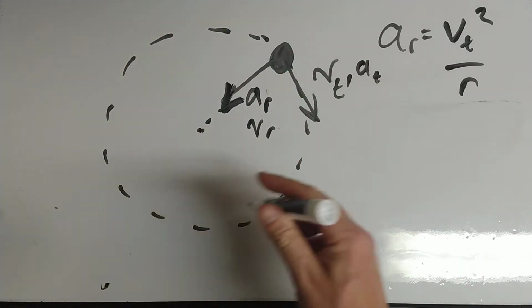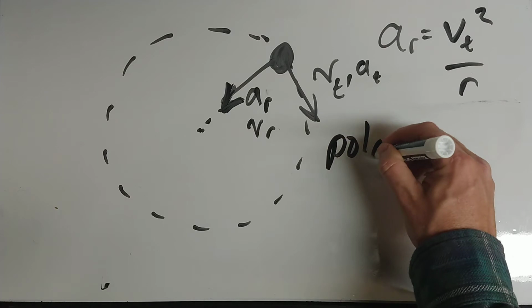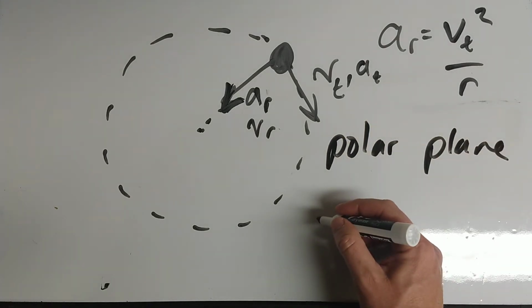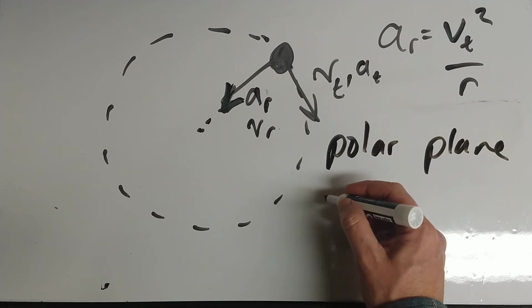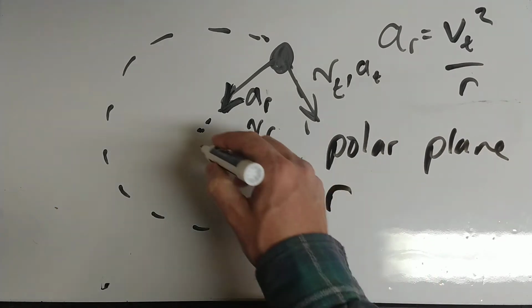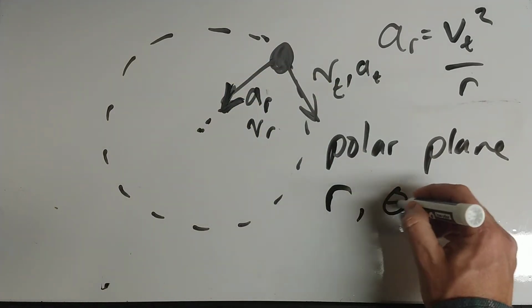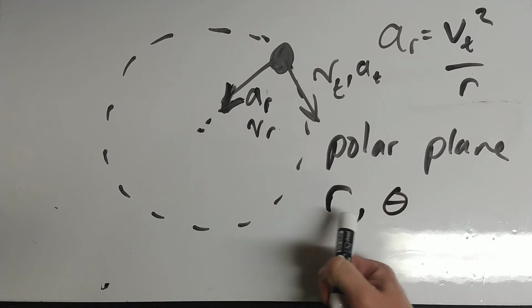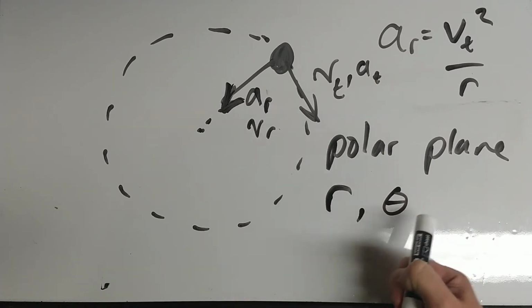Or you could think of it as moving in what's called a polar plane, where the position is considered a combination of the radius of the object and the angle it's at, theta. So these are the two dimensions of its position, its radius and its angle.